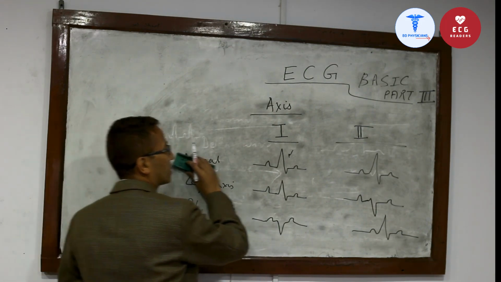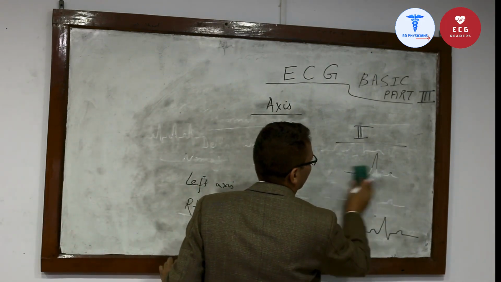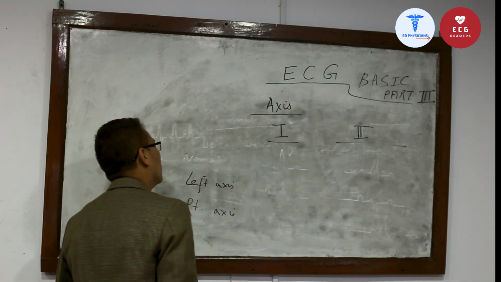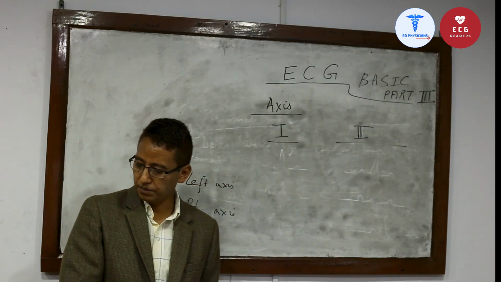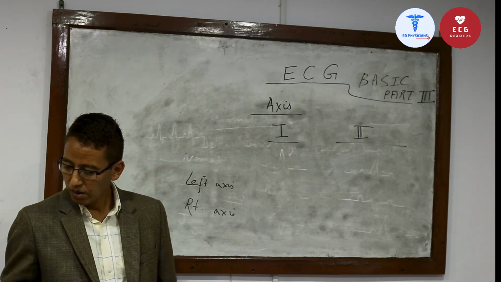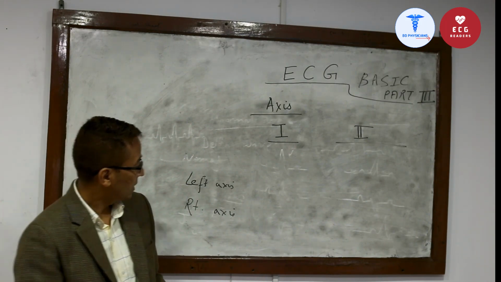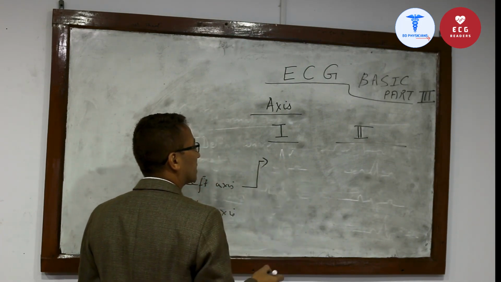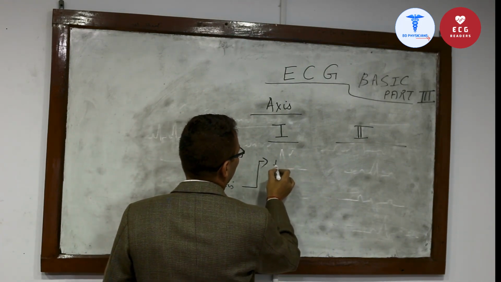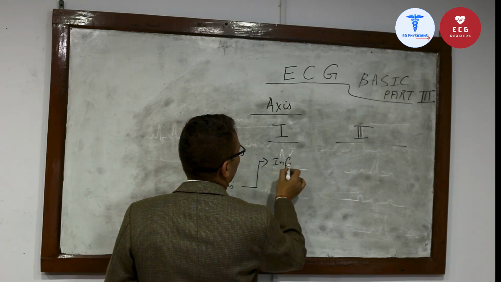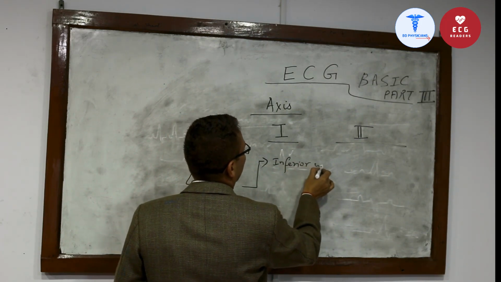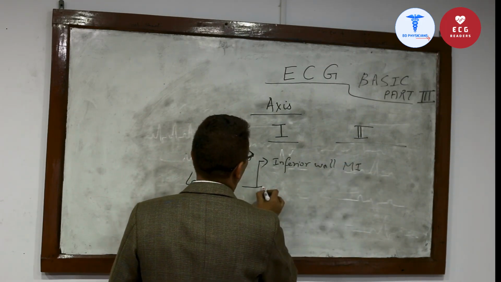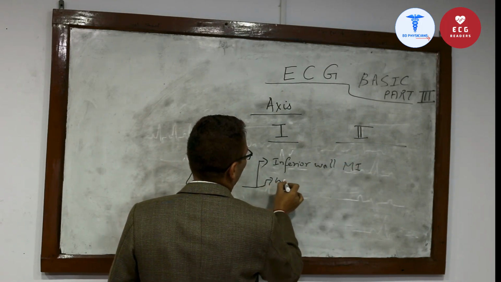Then what are the causes of left axis deviation? Left axis deviation can occur in inferior wall MI and in WPW syndrome.